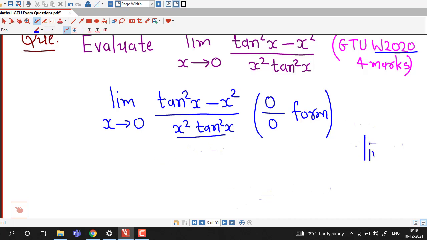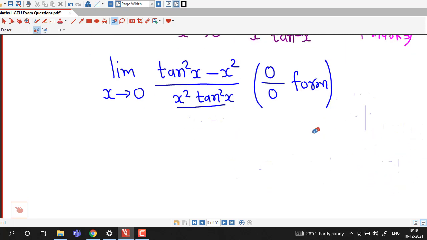use this standard limit. We know that the limit of tan x by x as x approaches 0 is 1. So we can use this standard limit to simplify this limit, so that we have fewer calculations in the derivatives.